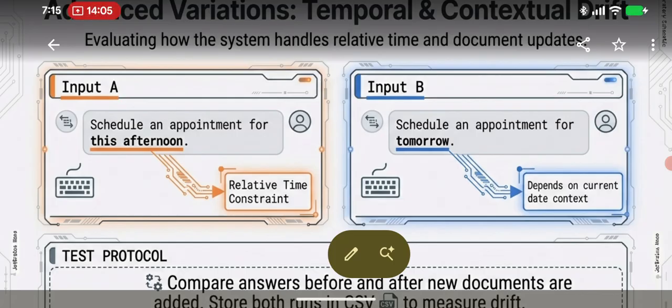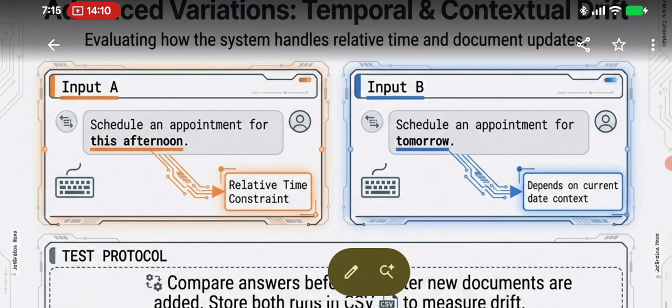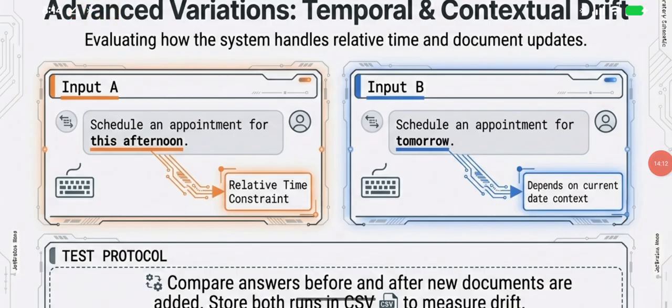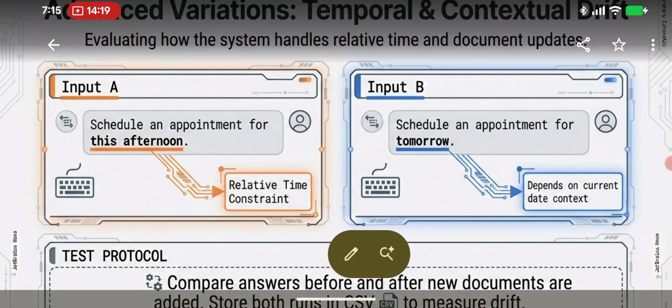Then the advanced variations of the same question: schedule the appointment for this afternoon, so the temporal is added, schedule an appointment for tomorrow. The agent under test should be able to understand it and accordingly identify the goal and extract the additional goal attributes.